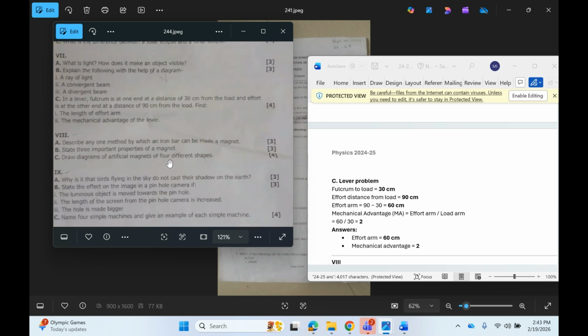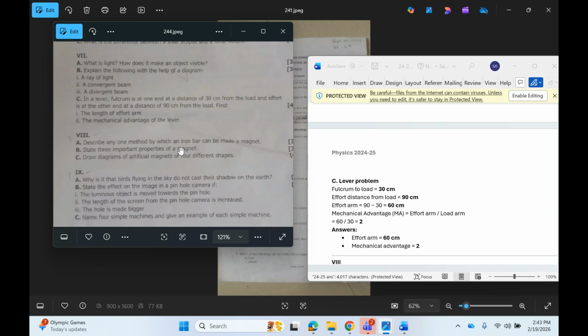Next one, in a lever, this problem is also important. In a lever, the fulcrum is at one end at a distance of 30 centimeters from the load, and the effort at the other end is at 90 centimeters. Find the length of the effort arm and the mechanical advantage of the lever. It is given that fulcrum to load is 30 centimeters. Effort distance is 90 centimeters. The effort arm will then be 90 minus 30, which is 60 centimeters.